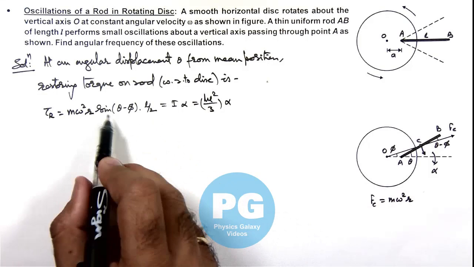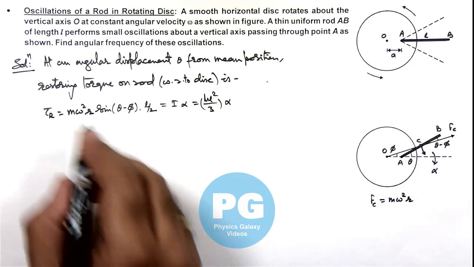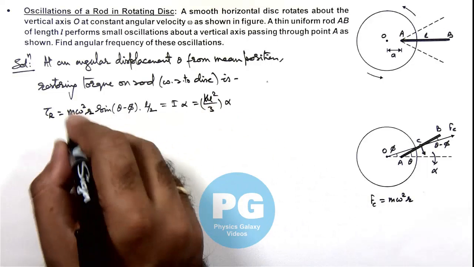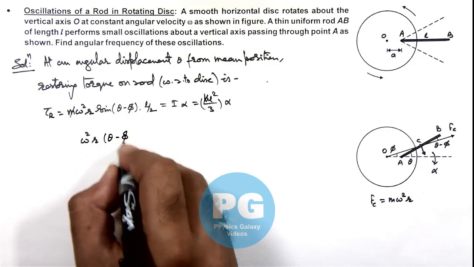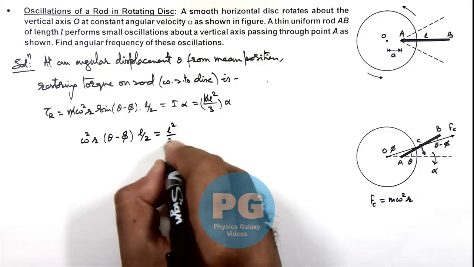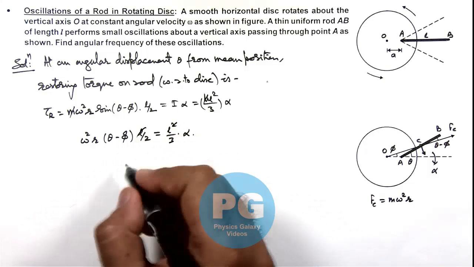Here if you open this sine theta minus phi, for a small angle, we can write omega square r, as here m gets cancelled out, sin theta minus phi can be written as theta minus phi, multiplied by L by 2 is L square by 3 multiplied by alpha. Here one L can also be cancelled out.